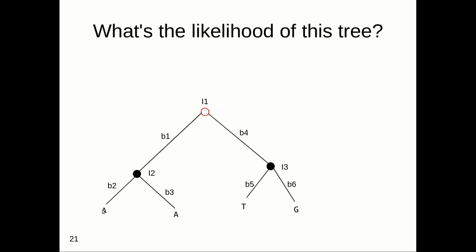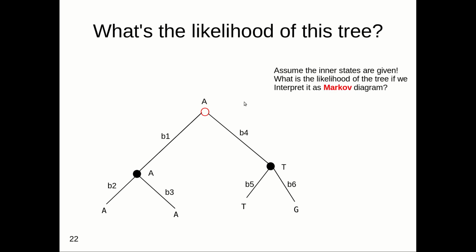So we have the nucleotides from our alignment site located at the tips. We have a couple of branch lengths and a couple of inner states, I1, I2, I3. And so we've just designated this node here, I1, as the virtual root.